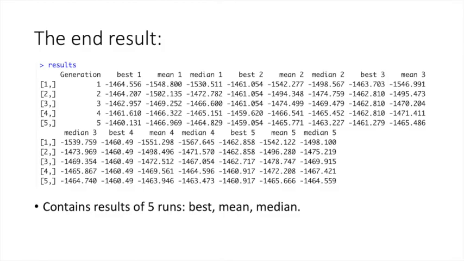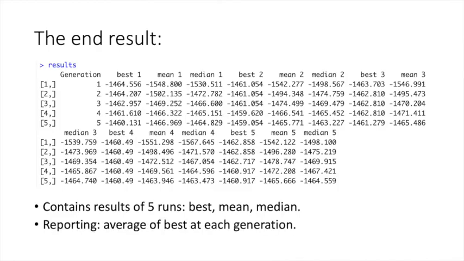Then the columns titled best one, mean one, and median one contain the corresponding statistics for run 1. Similarly, subsequent columns that come after these 3 columns contain these statistics for the other runs. The results for runs 4 and 5 continue below the other results.